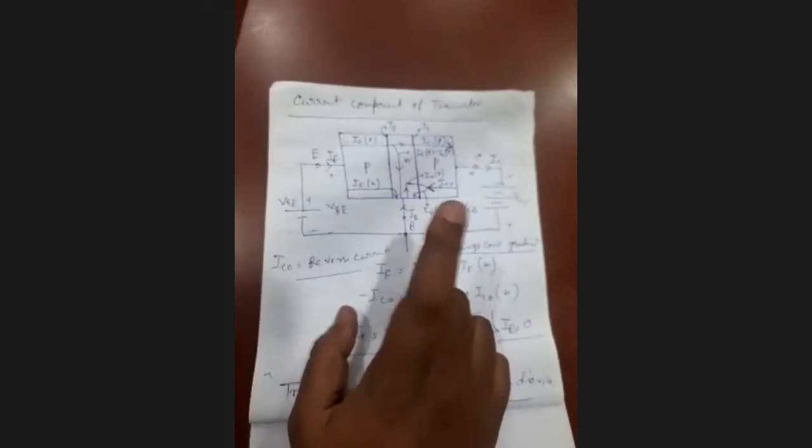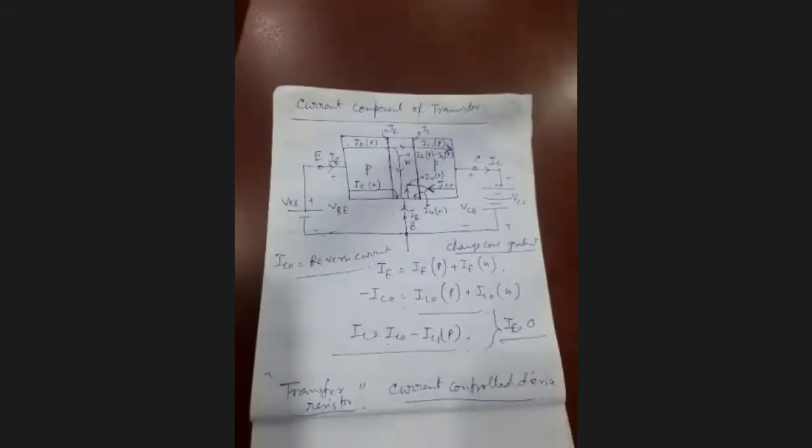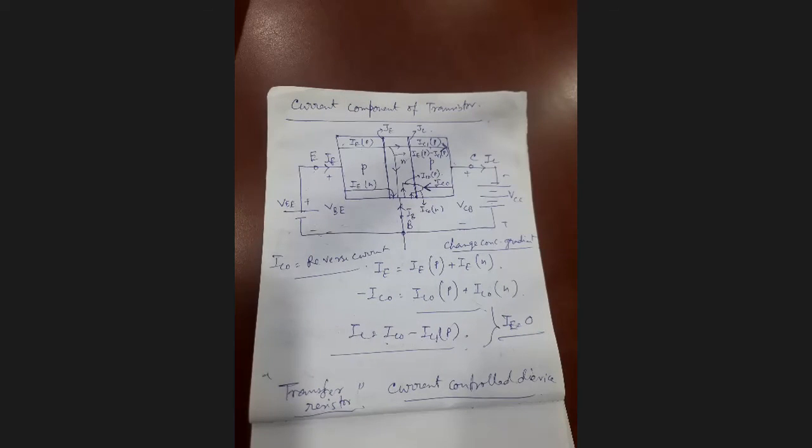The emitter and collector currents are in the milliampere range. So this is the main component we introduced over here: how the currents are produced and how they are formulated across the transistor circuit.